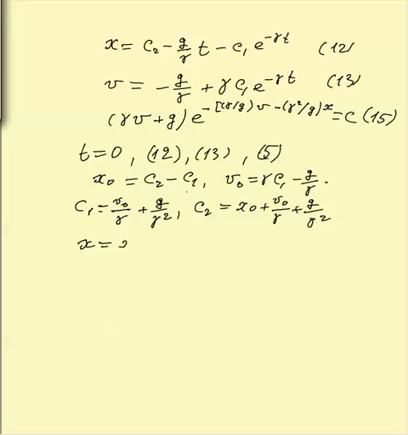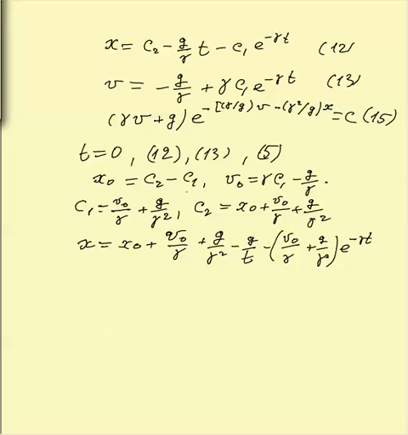x equals x0 plus (v0 over gamma plus g over gamma square) minus g over gamma t, minus (v0 over gamma plus g over gamma square) times exponent minus gamma t.